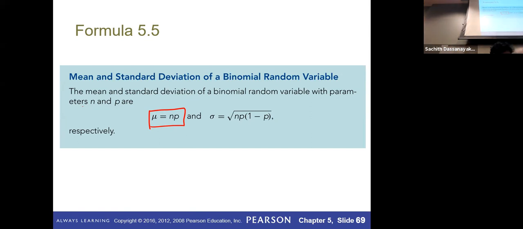That's why we use exactly similar notation. So mu is n times p and the standard deviation is the square root of np times (1 minus p). p is success, 1 minus p means failure. Correct?